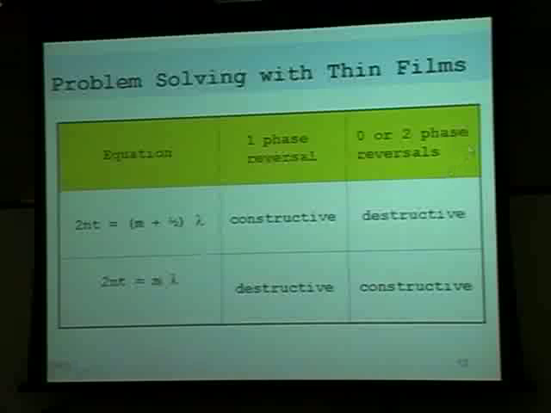So what we need to know for film is the thickness, the index of refraction, and what the indices of refraction are of what we're going from and what we're going to, so that we know how many phase reversals we have.